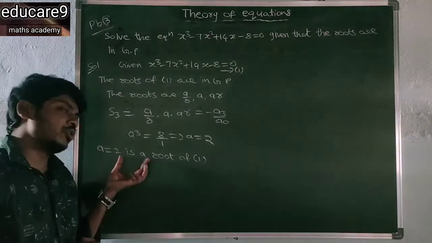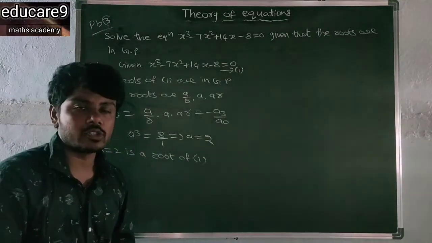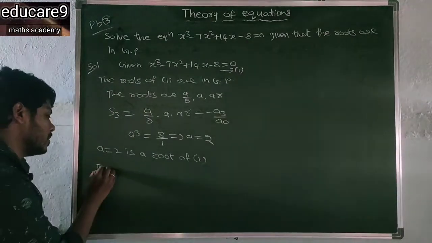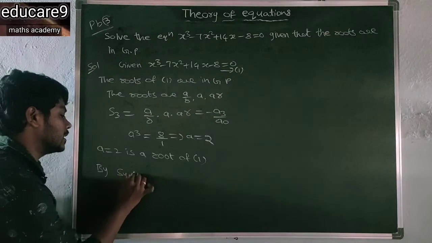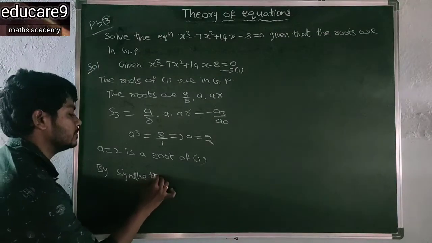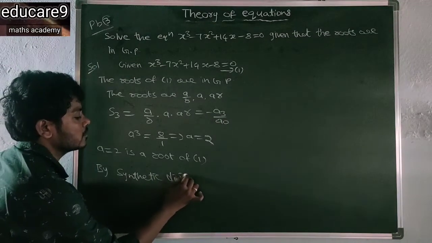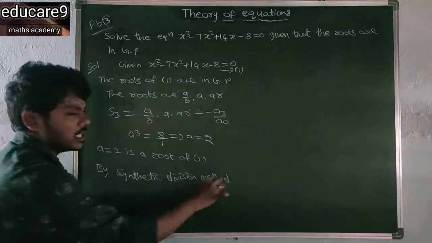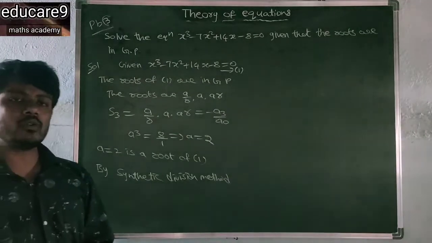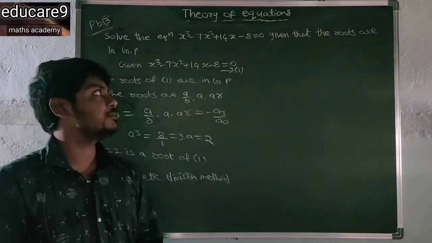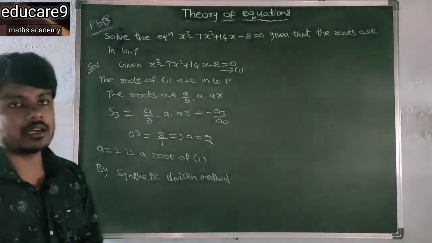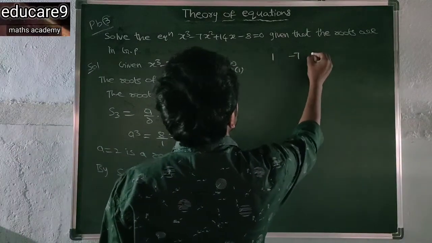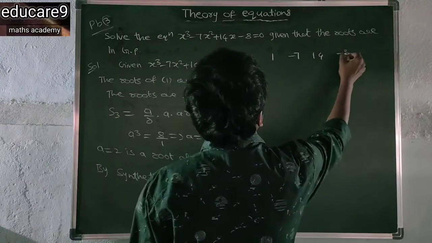Now using this root you can find the remaining roots by using the synthetic division method. So what is this method? First you have to write the coefficients of the algebraic terms in decreasing order: 1, minus 7, 14, minus 8.